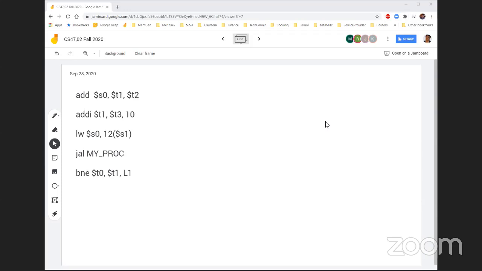So basically, there are steps, like number one, data layout. In terms of high-level language, what it means is basically data definition. How do you define data?